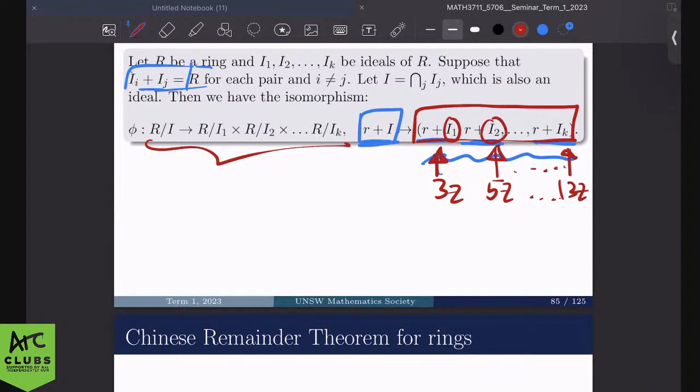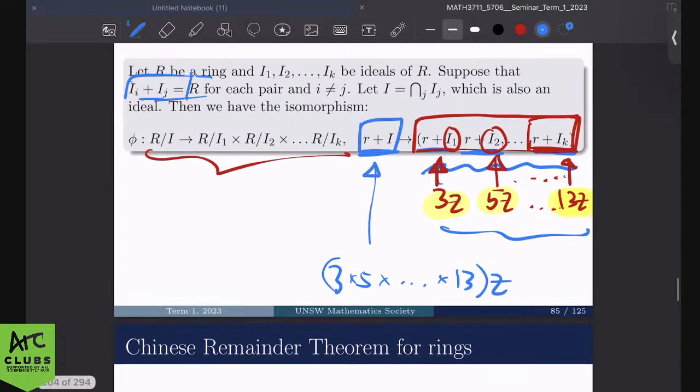And then this last piece of information tells you where it is in reference to the ideal 13Z, which is just what it is modulo 13. And then all of that information is equivalent, so hence the isomorphism, to the information mod all of these numbers multiplied together. So 3 times 5 down to 13Z, because that is the intersection of these, right?